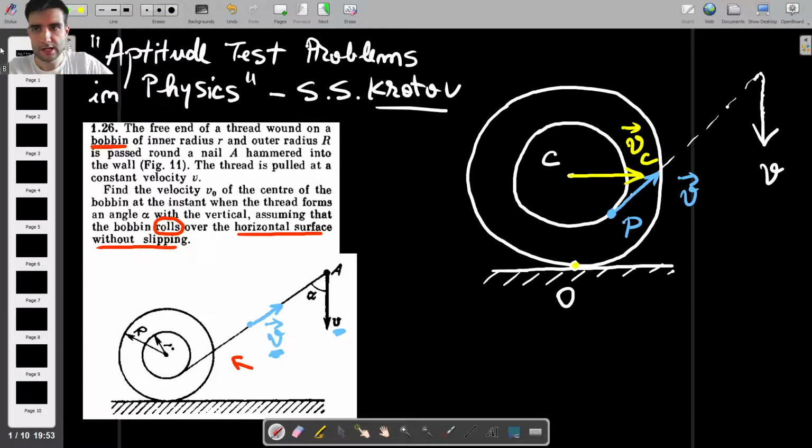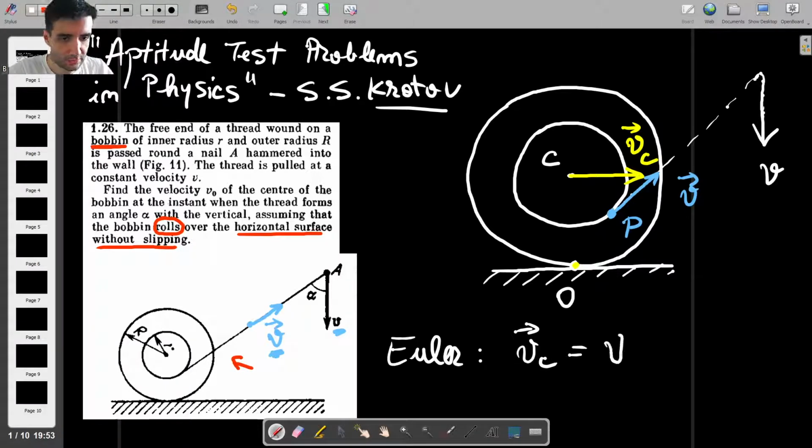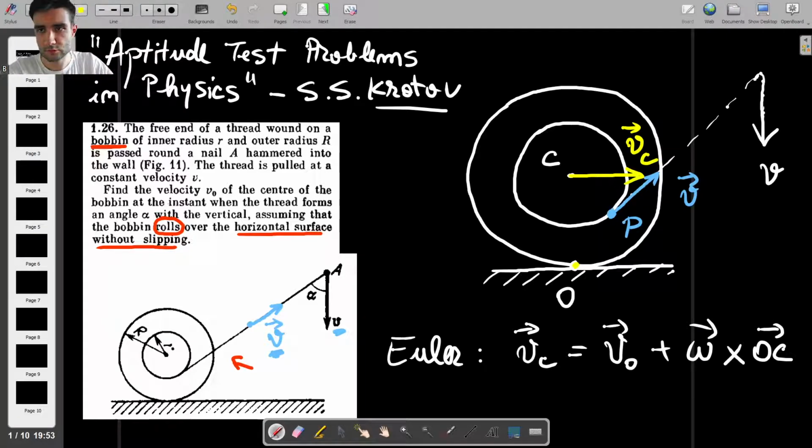So first of all, I'm going to try to write the velocity of point C based on the fact that there's no slip. So I'm going to use Euler's equation for velocity for that, which tells us that the velocity of C is equal to the velocity of O, plus omega cross product with the position vector of C. Okay, and when I do that, I have to put my coordinate axis into point O, so I have x and y like that.